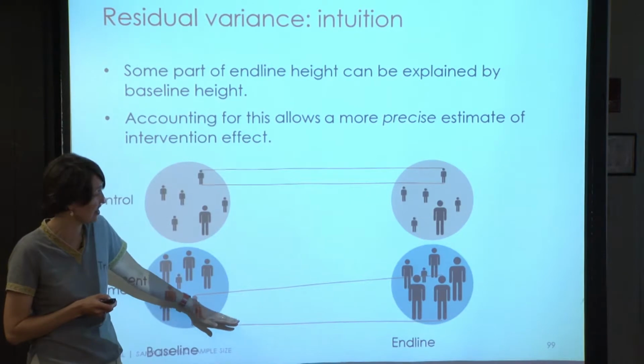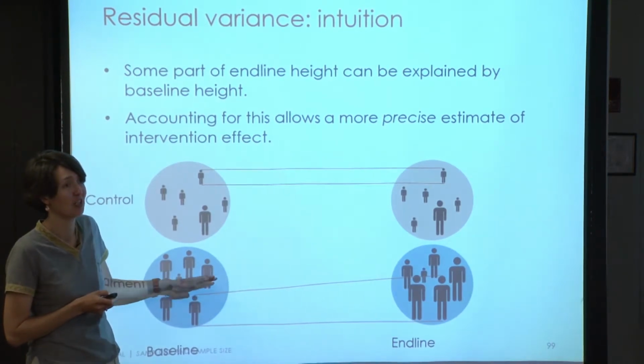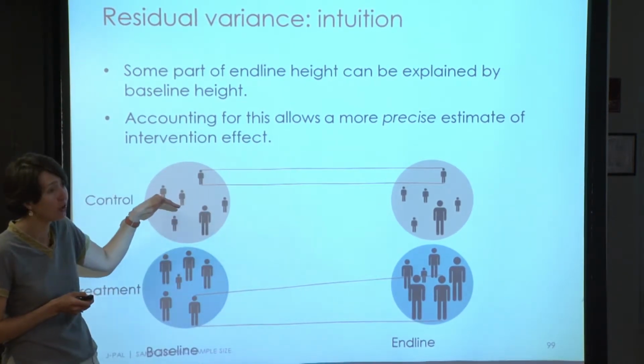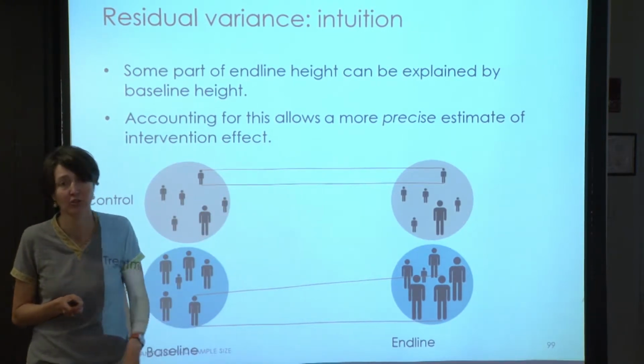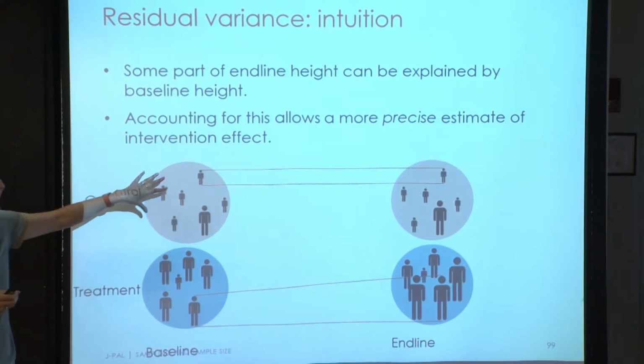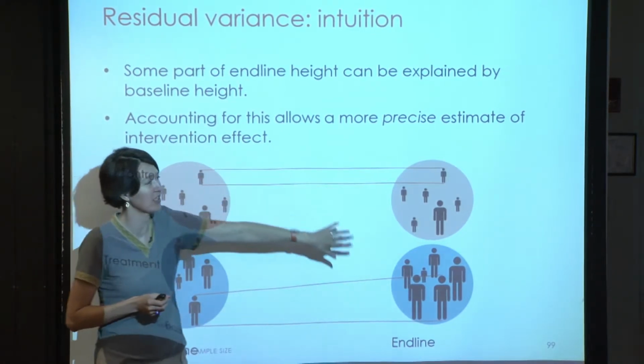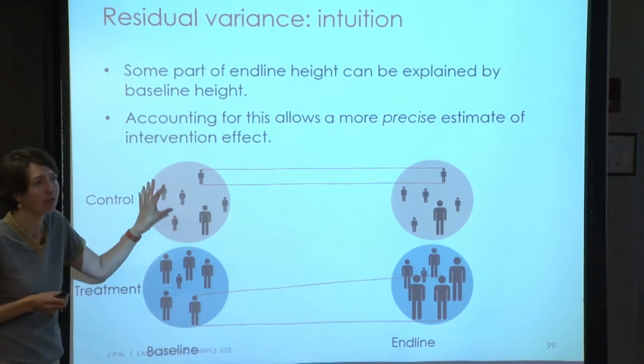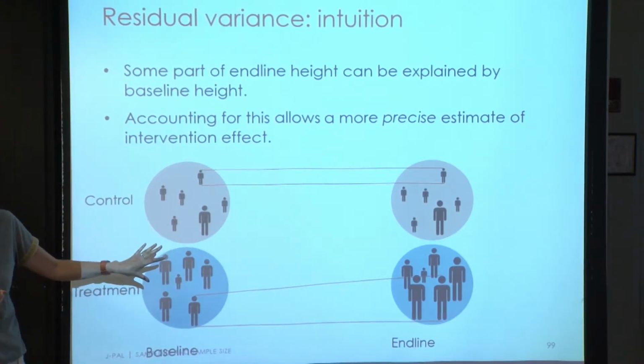So we see that there's a change in height in the treatment group and not a change in height in the control. So we're helping to solve some of the problem of variance because we can tell how much of the difference at the endline came from difference at the baseline.